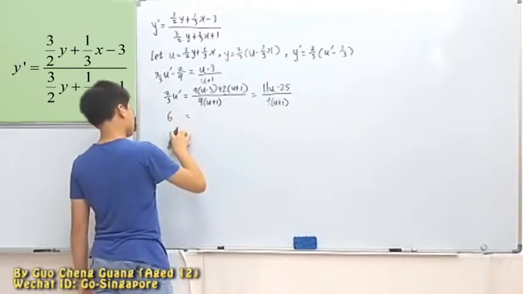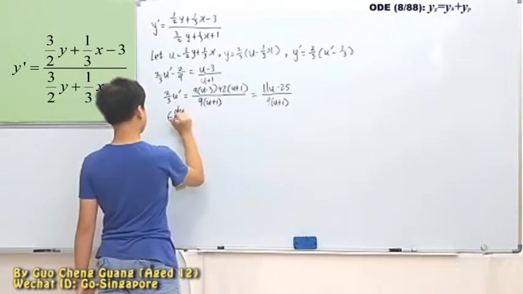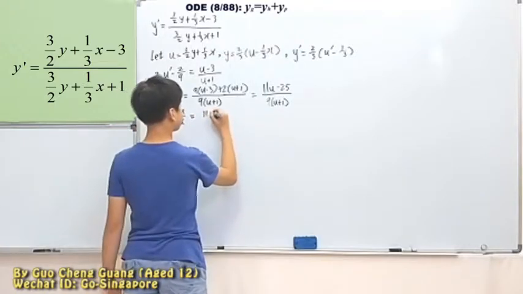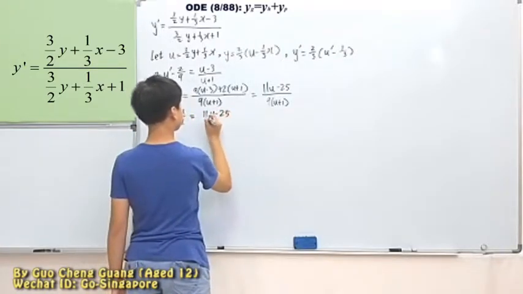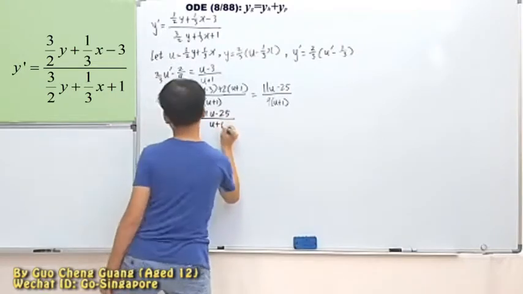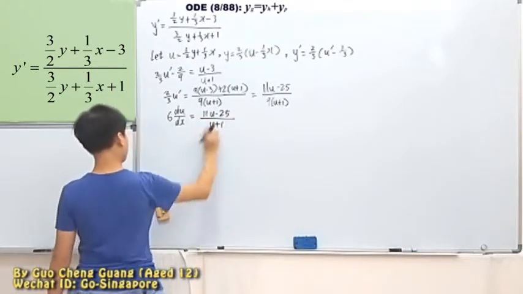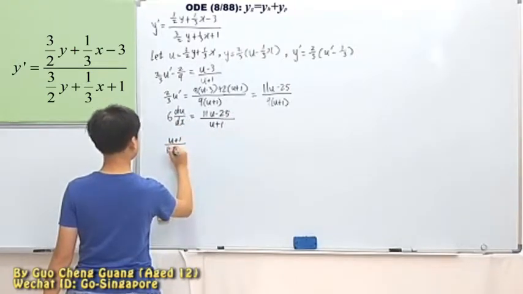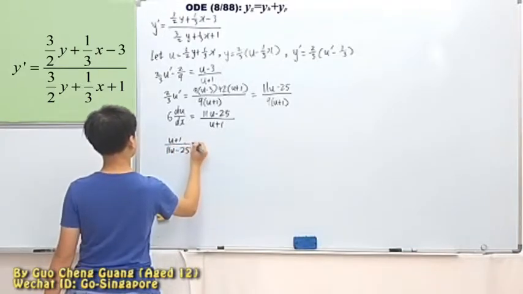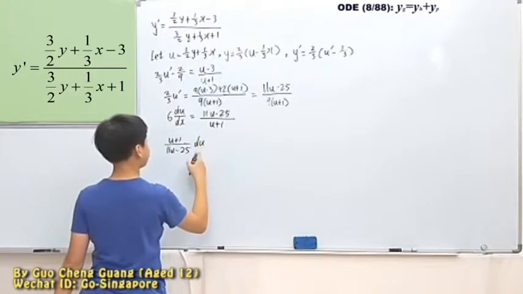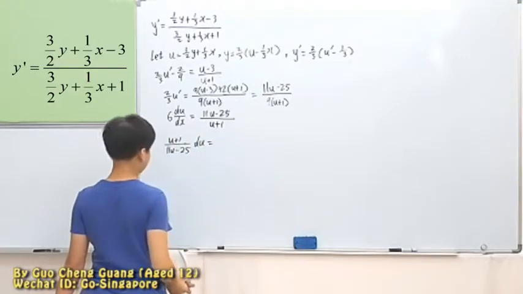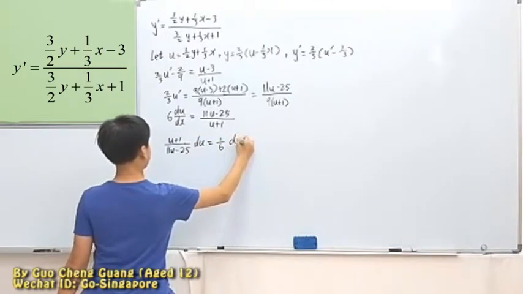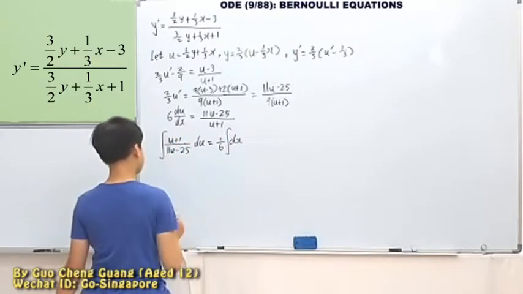For this part, u prime, you can change it into du over dx. Then you divide this to the other side, leaving du, and 6 and this over dx you move to the other side. Then you can integrate both sides.